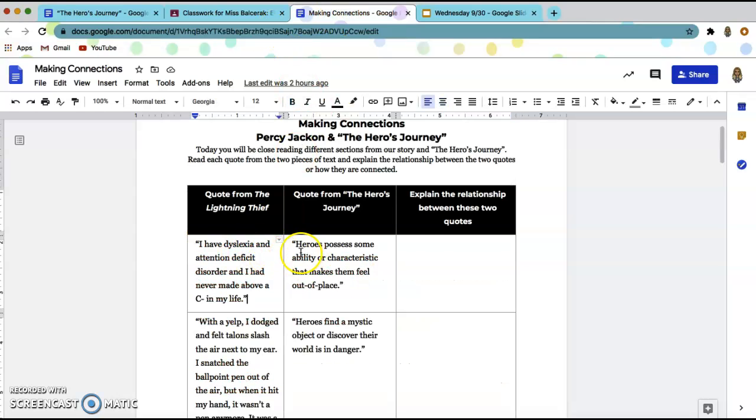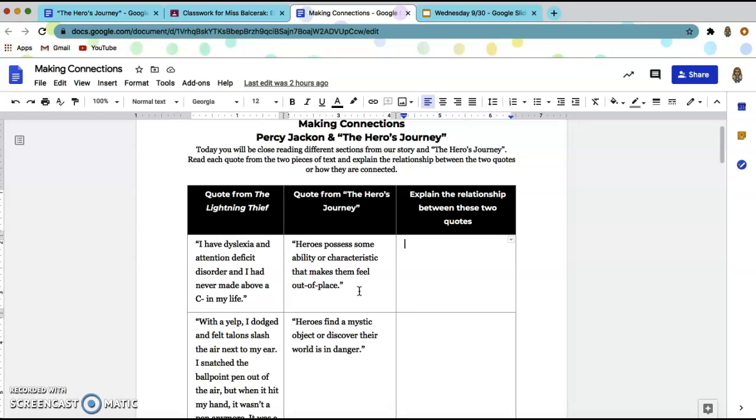If we look at both of these quotes, how are they related to one another? Well, Percy says that he has dyslexia, which makes him feel different, makes the letters on a page float across the page, which is not something many people have to deal with. And the hero's journey was talking about a characteristic or ability that makes them feel out of place.